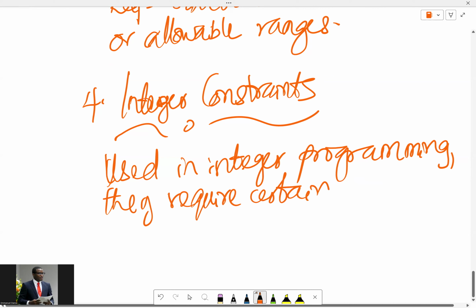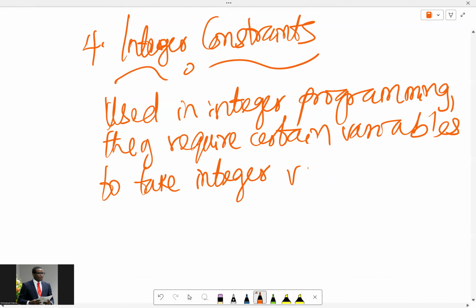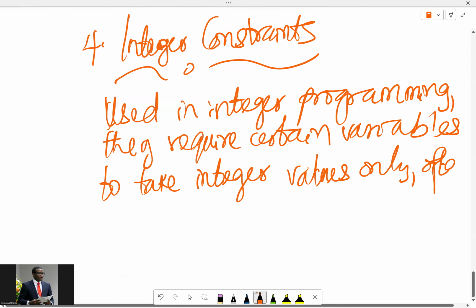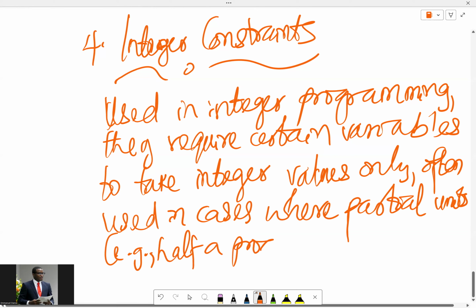They require certain variables to take integer values only, often used in cases where partial units, e.g., half a product or half a human for that matter, aren't feasible.